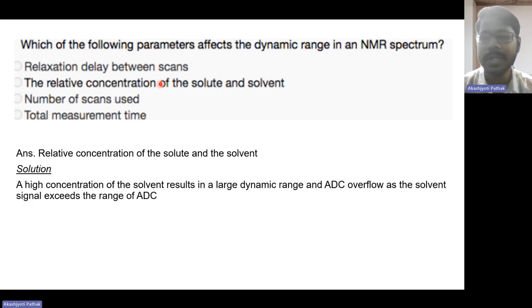If the solvent concentration is very high, then the dynamic range will be very high, and it will go beyond the range of the ADC. When you take the ADC after amplification, as the dynamic range has become very high, that cannot be captured by the analog to digital converter, and so you will see I have ADC overflow.